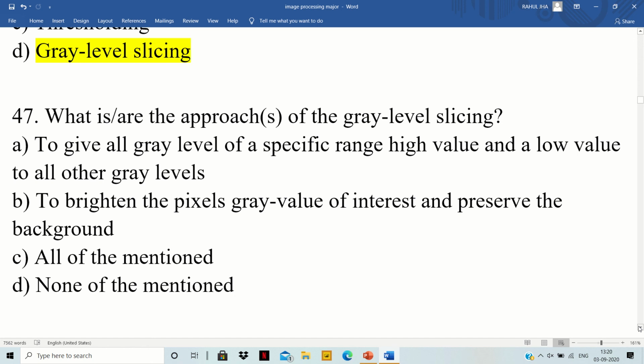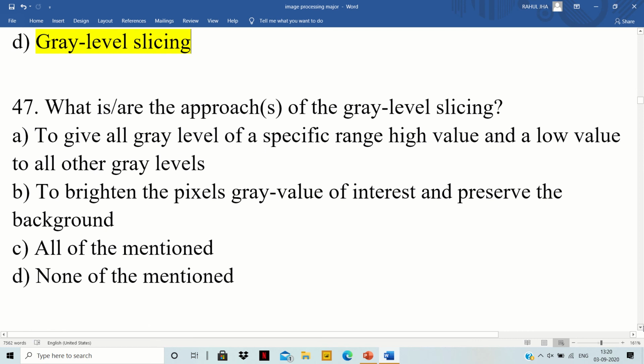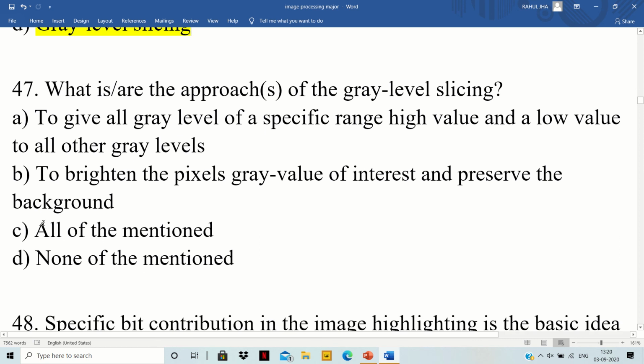Gray level slicing manipulates a group of intensity levels in an image up to a specific range. Exactly. Options A and B are both correct, so the right answer will be C, all of the mentioned.